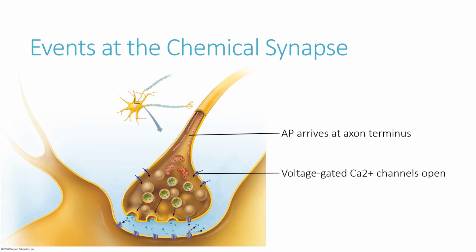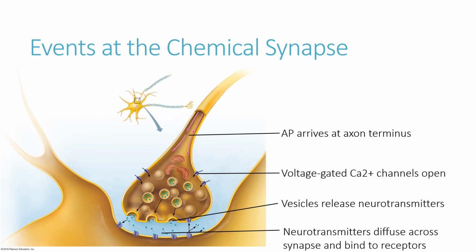Calcium then diffuses into the axon terminus and serves as the chemical message that causes those synaptic vesicles to merge with the plasma membrane and release the neurotransmitters by exocytosis. Those neurotransmitters then diffuse across the synaptic cleft and bind to receptors on the postsynaptic cell.